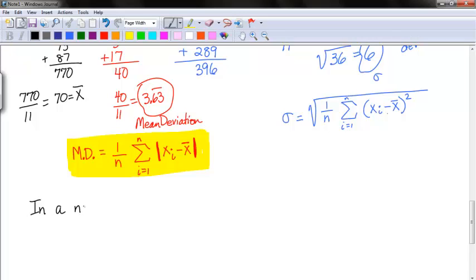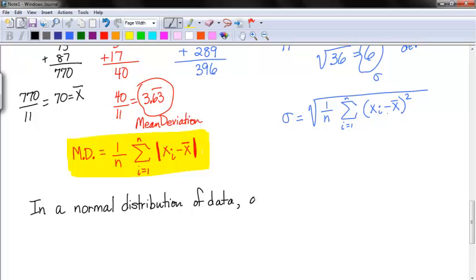In what they call a normal distribution of data, and some of you may have heard of that as the bell curve, they might call them data, they might call them scores.